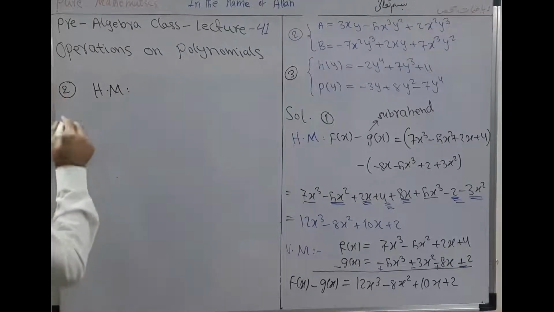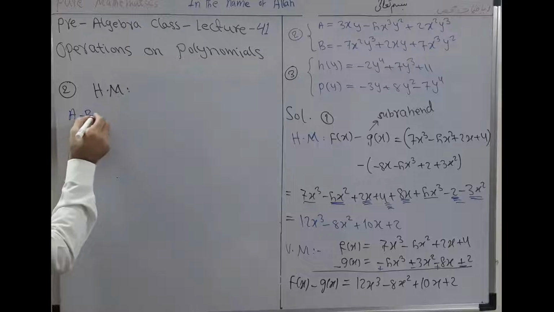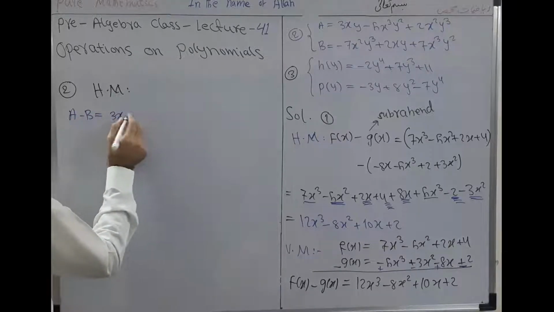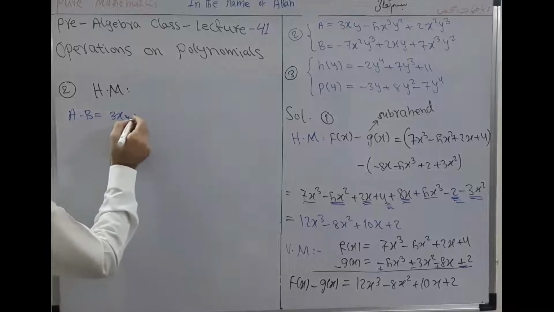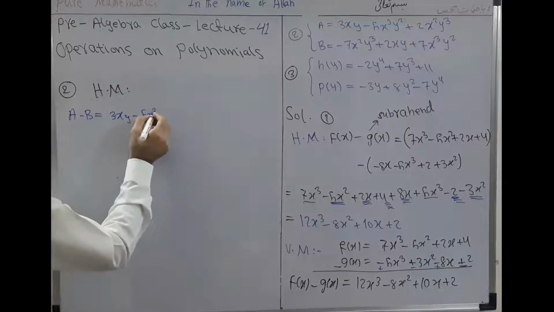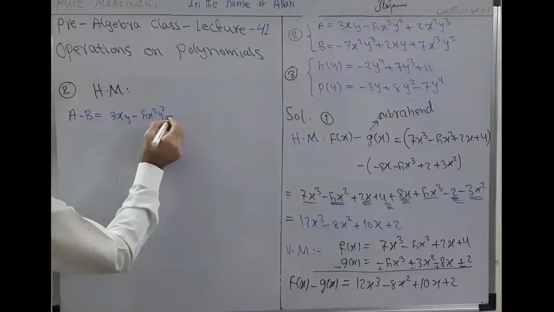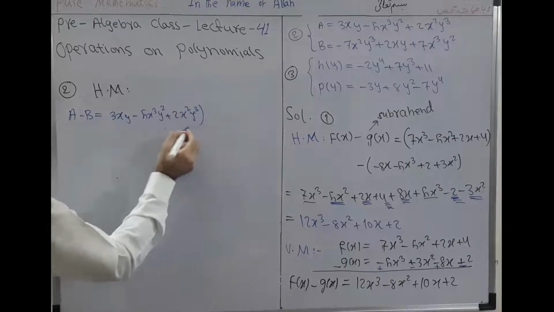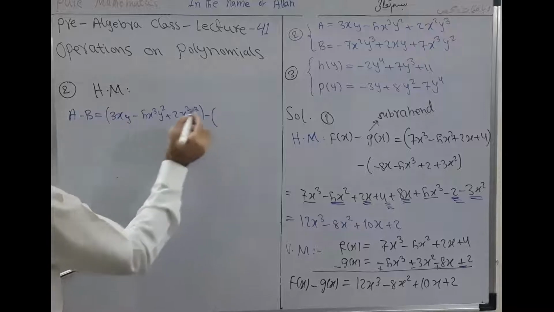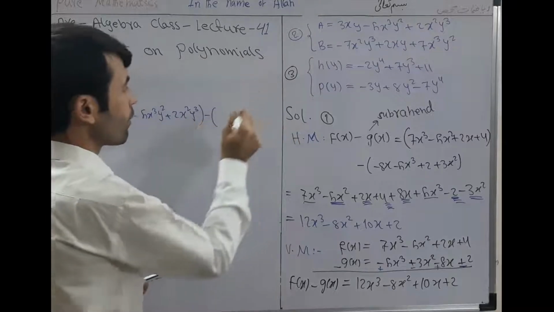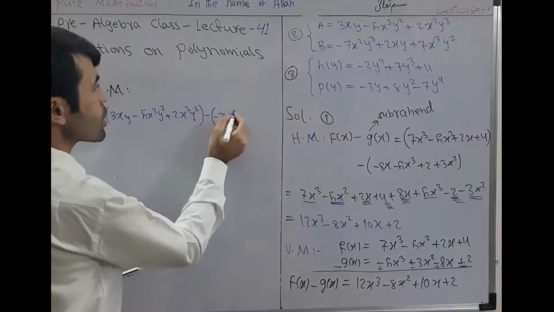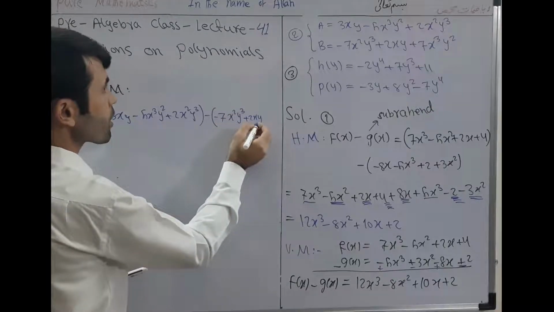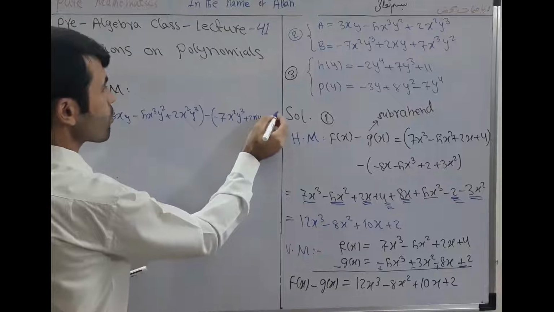A minus b is equal to a, 3xy minus 5x cubed y squared plus 2x squared y cubed, minus b, minus 7x squared y cubed plus 2xy plus 7x cubed y squared.